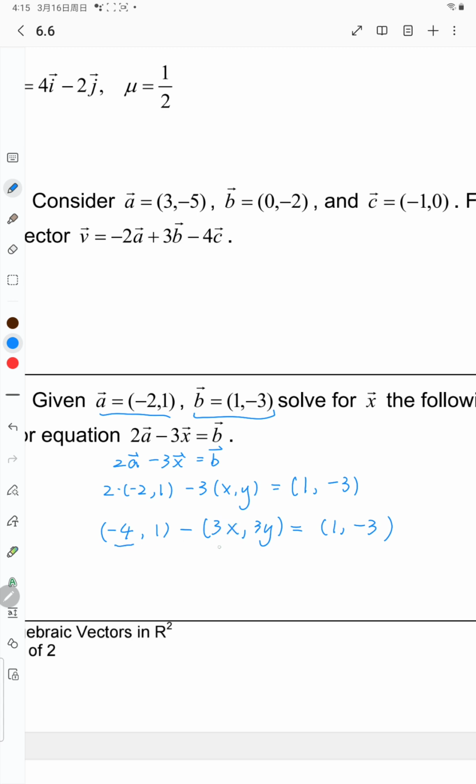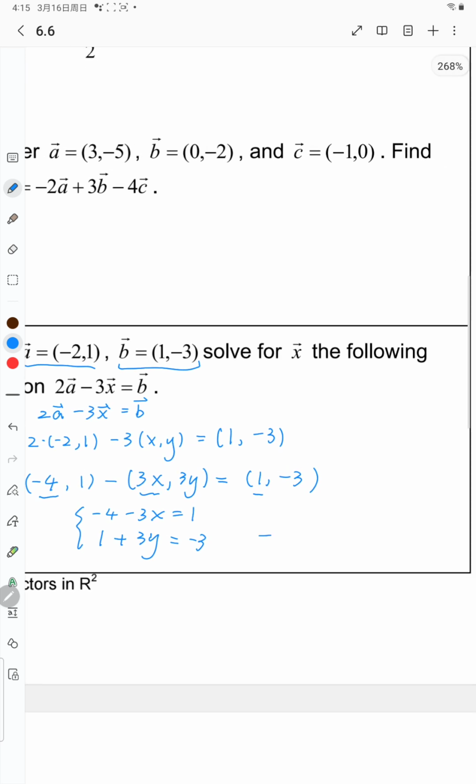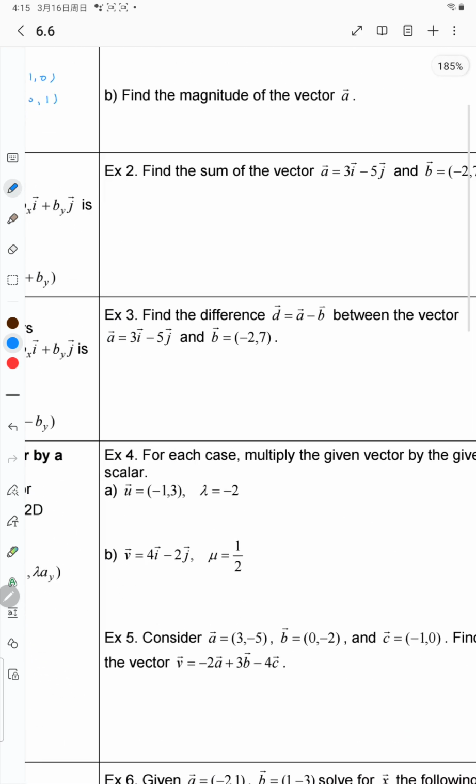For the x coordinates, we're going to establish negative 4 minus 3x is equal to 1, and for the y coordinate, it's going to be 1 plus 3y is equal to negative 3, all right? And then we solve for x and y. I think you're able to do this, and the x vector will be just the x and y that you solve for, right?